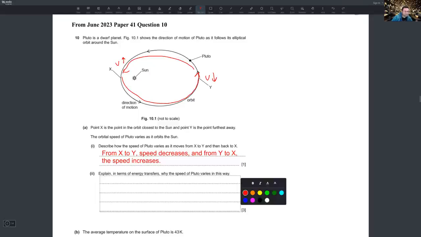So what do we say? As Pluto moves from X to Y, its gravitational potential energy increases, sorry, and is transferred to kinetic energy.